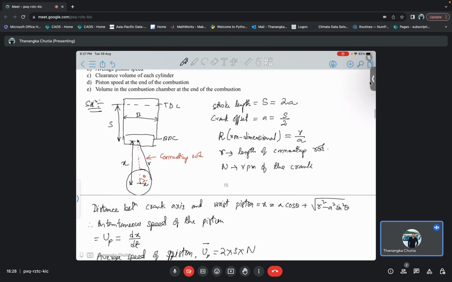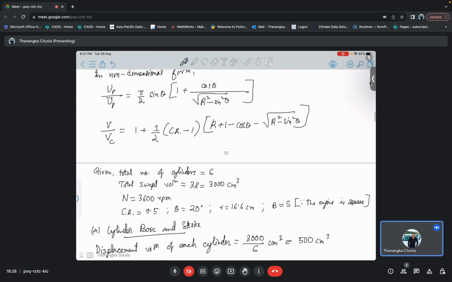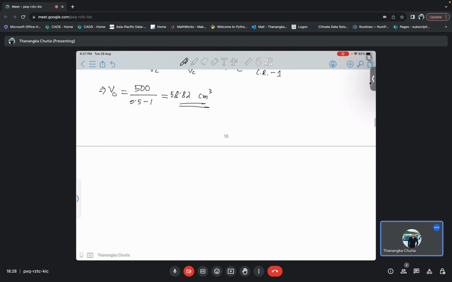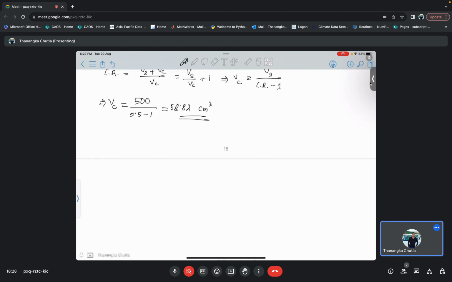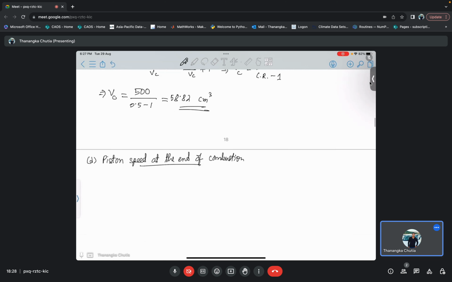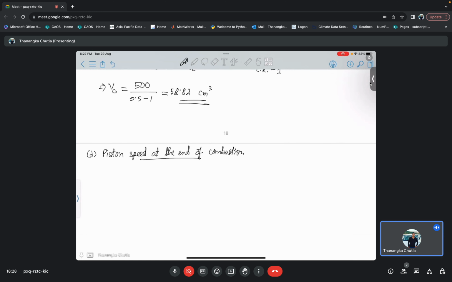Next, piston speed at the end of the combustion. At the end of combustion, your theta is equal to 20 degrees, given.